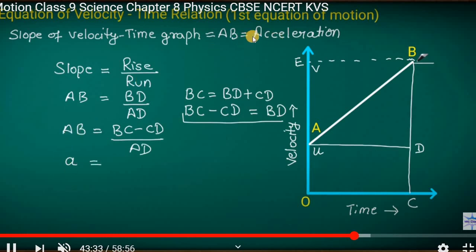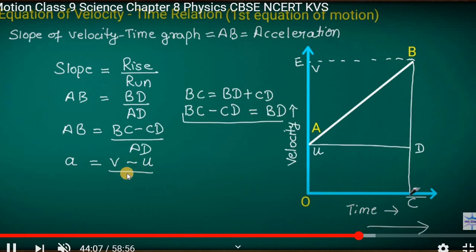Why? AB is accelerated, and we have the acceleration formula: A is equal to V minus U divided by T. Means V is BC, and instead of CD we can write U. And AD is equal to OC, and this OC denotes the time.